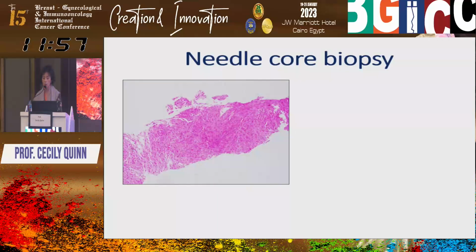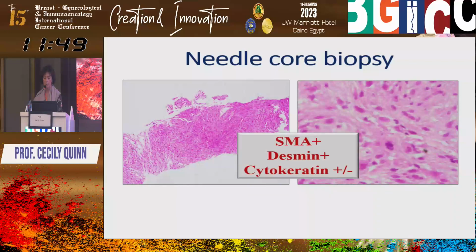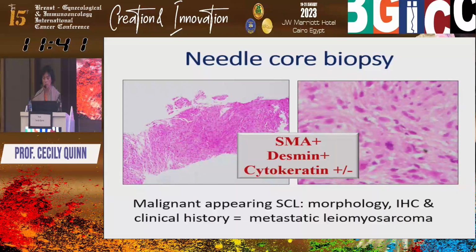And this was our core biopsy, a malignant appearing spindle cell lesion, mitotically active, no real clues as to exactly what it might be. SMA positive, desmin positive, cytokeratin can be positive. In our case, we didn't have positivity. So putting everything together, this was in keeping with the diagnosis of metastatic leiomyosarcoma.